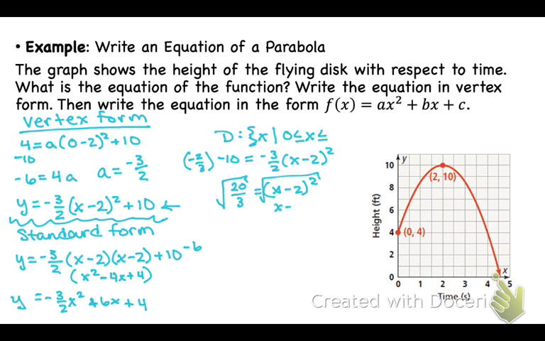So this is just x minus 2, so I'd add 2. So x would equal 2 plus the square root of 20 over 3. It's plus or minus, but we only want the plus because we want this end. Do we know the square root of 20 over 3? No, but that is technically what it is, and it's probably like 4.6. We'll put 4.6. But I just want you to notice that it's not all real numbers.